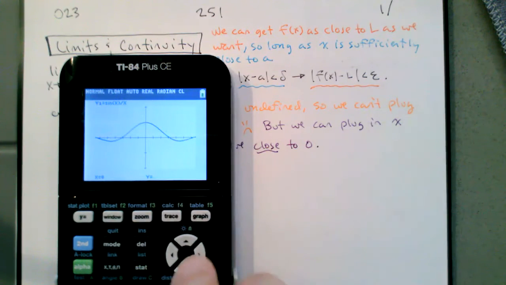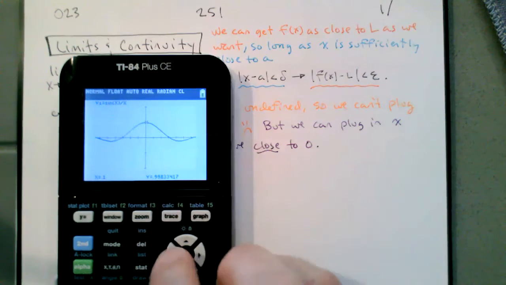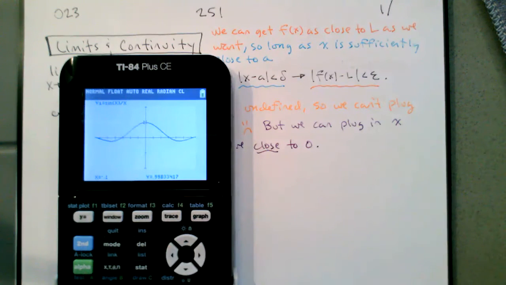But if we plug in values that are close to 0, we'll get a value for the function that is close to 1. So in this case, if I plug in 0.1, I get 0.998. And on the other side, if I plug in negative 0.1, I get 0.998. That makes sense. Sine of x over x looks like an even function. I've got that vertical symmetry.